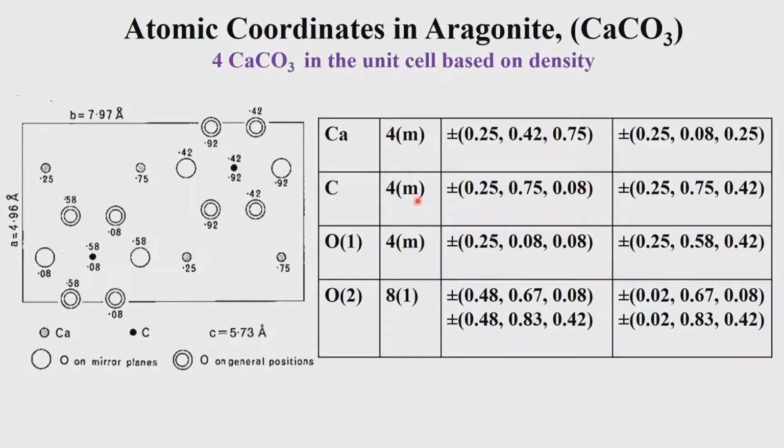Carbon also decides to use the mirror symmetry. It could have used mirror as well as 1 bar, but it uses the mirror symmetry. 4 of the oxygens use the mirror symmetry. So, this now determines the geometry of the calcium surroundings. And then we have of course oxygen 2, the second one, which generally occupies general positions. And at this stage we will discuss independently how we go about understanding this.